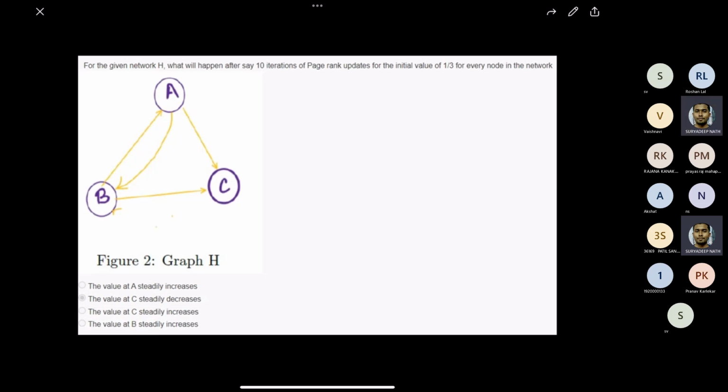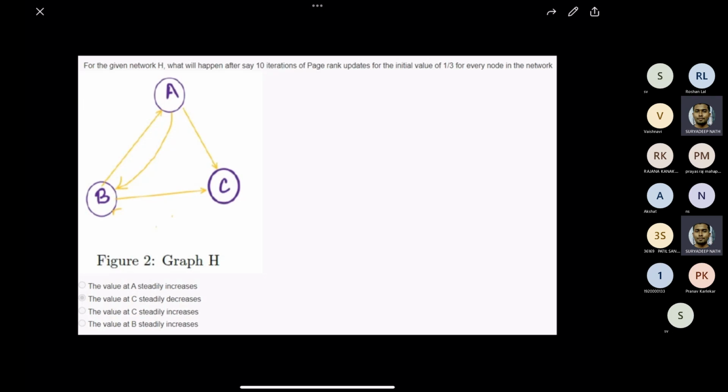If you take node A, it receives page rank from B and gives it away to B and C. B receives the entire page rank of A, and C is only at the receiving end, so C does not give it to anyone else.